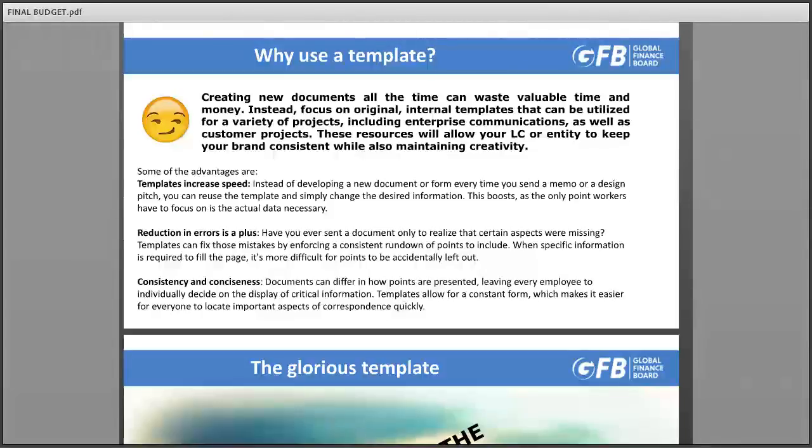This leads us to the last point: consistency. Documents can differ in how points are presented, leaving every employee, in our case members, LCVPs, LCPs, MCVPs, MCPs, to individually decide on the display of critical information. Templates allow for a constant form, which makes it easier for everyone to locate important aspects of the correspondence quickly.